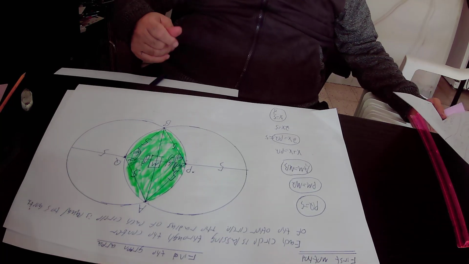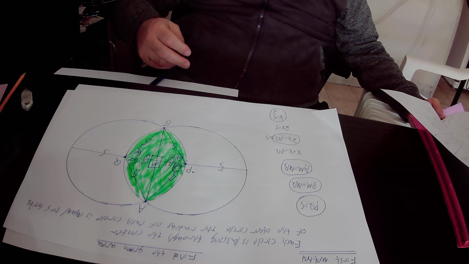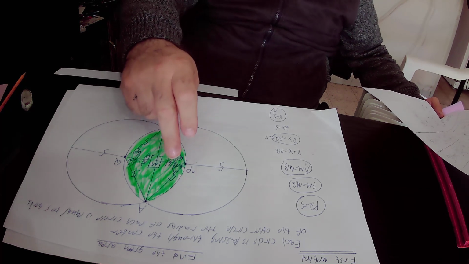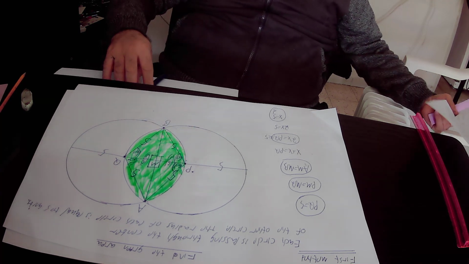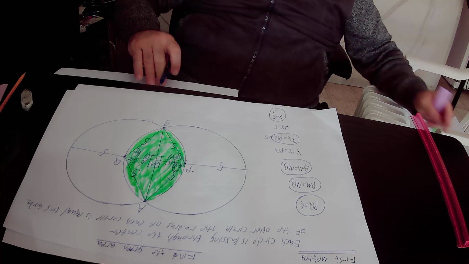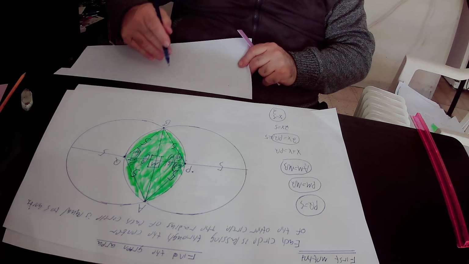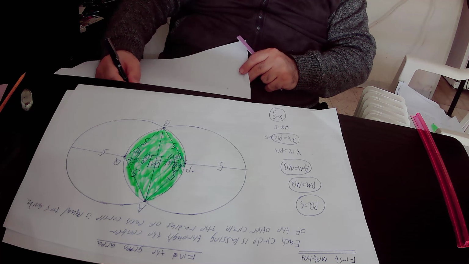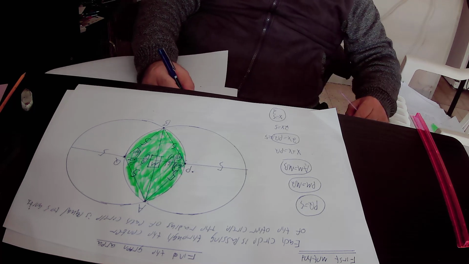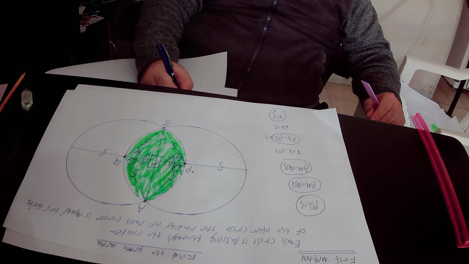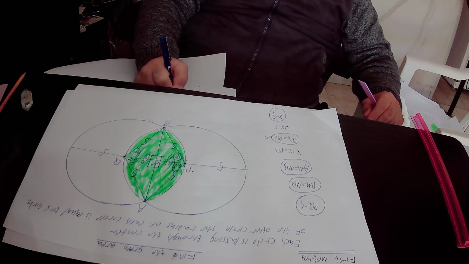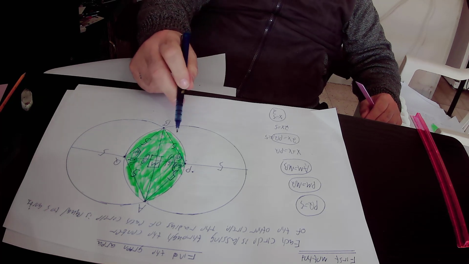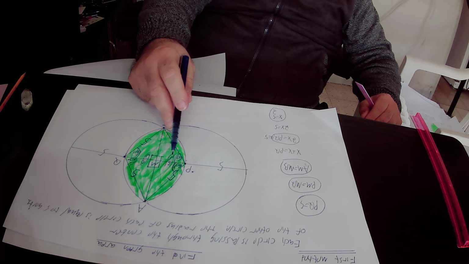Therefore, the area of the green shape will be equal to the area of segment APB times 2.